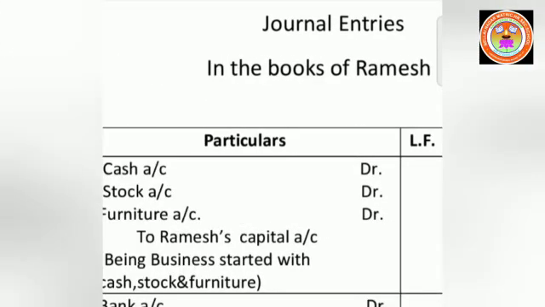Like always, proprietor's capital account should be credited because proprietor brings the capital. Proprietor is the giver of these things to the business. According to personal account rule, credit the giver. Here Ramesh is the giver, so to Ramesh capital account.